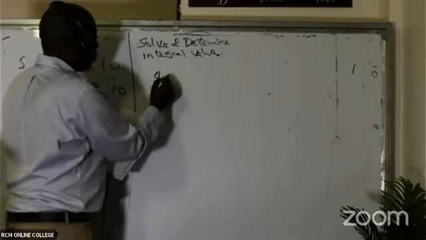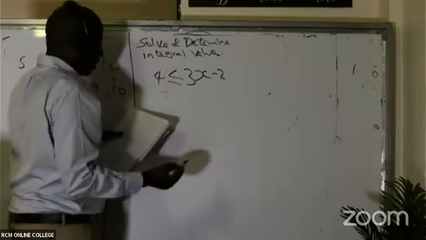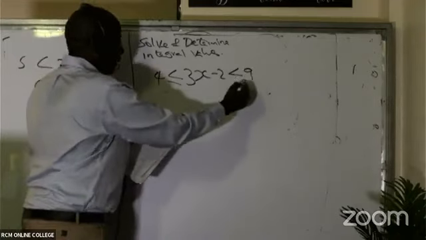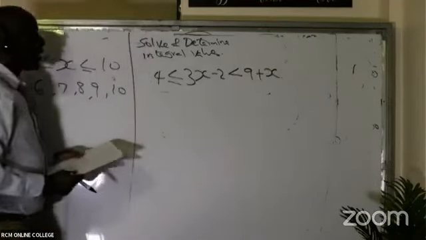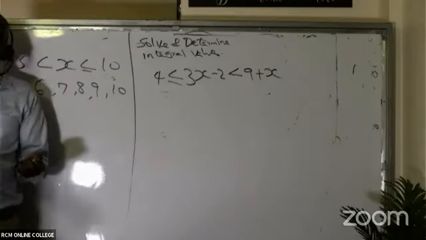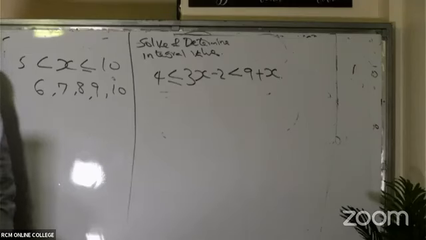So we have here 4 less than or equal to 3x minus 2 less than 9 plus x. So I'm giving you exactly, this is a 3 minutes question.